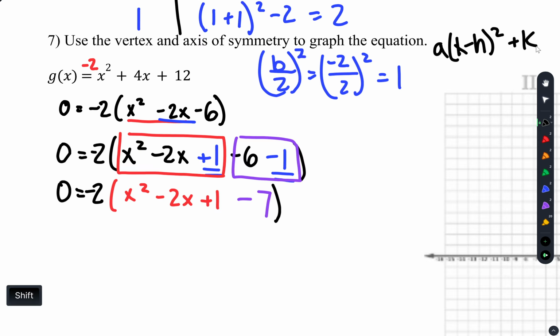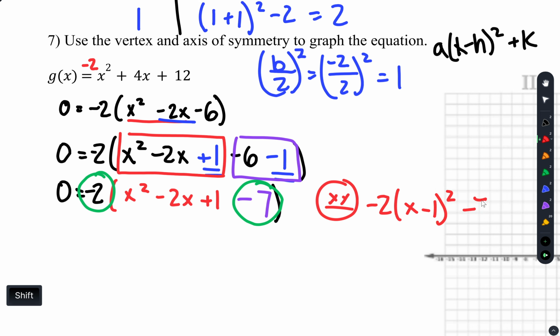To get the -7 out, we have to pay attention to this -2 in the front. We cannot rewrite this, and I'm going to put an angry face over here. I do not want to see you make the mistake of writing this as -2 times x minus 1 squared minus 7. It is not a -7. It is a -7 times a -2.